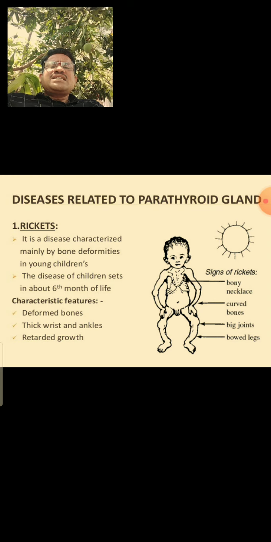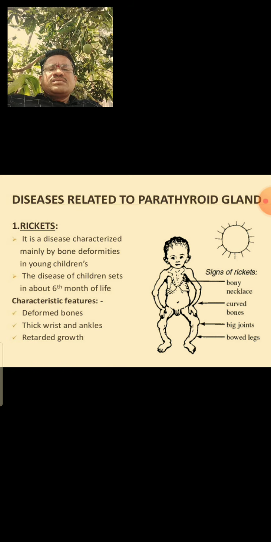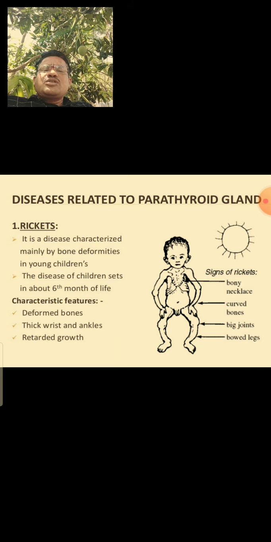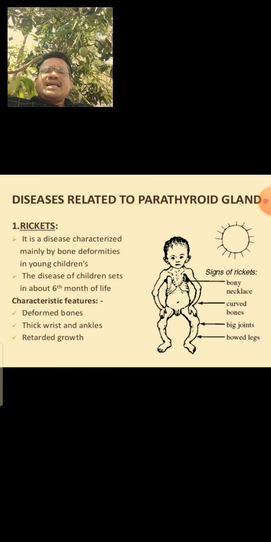So, diseases related to the parathyroid gland. What are the diseases? Right side there is a diagram. Signs of rickets: first one, rickets, bony necklace, curved bones, big joints, and bowed legs. So first of all, what is rickets? It is a bone disease, generally characterized mainly by bone deformities in young children.